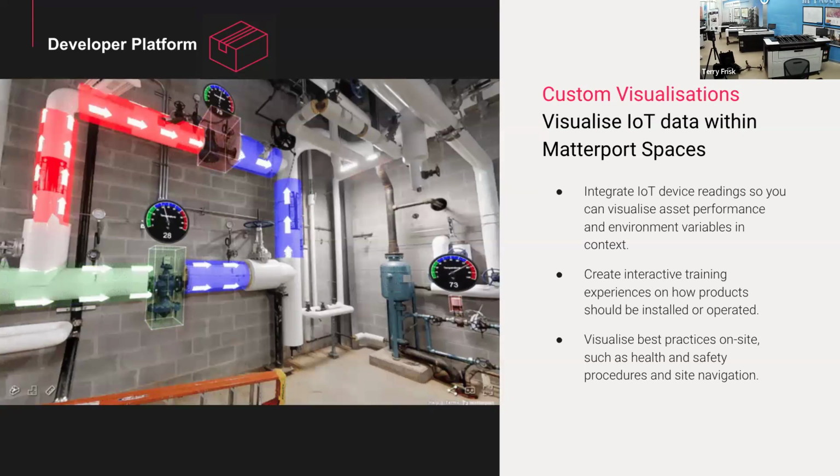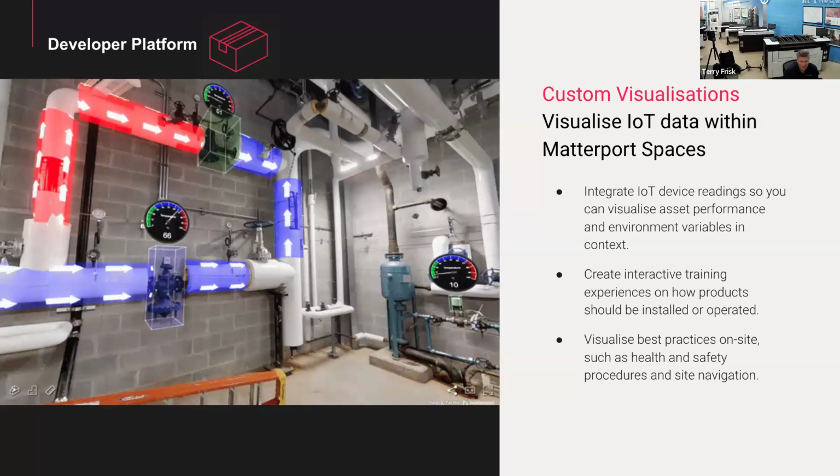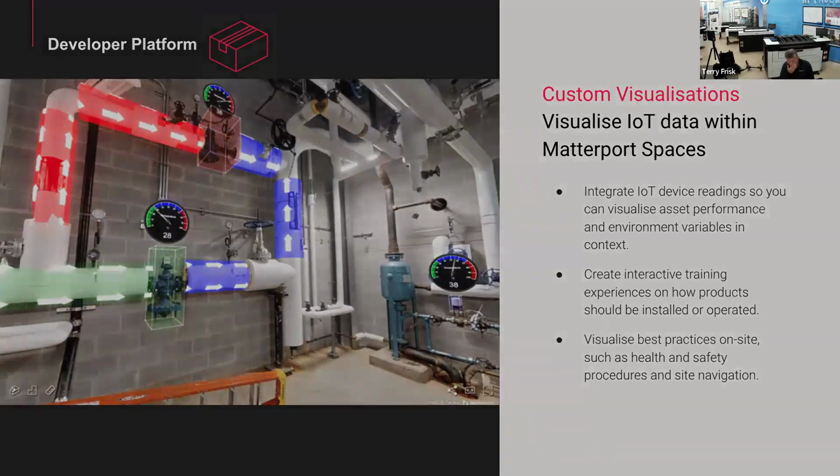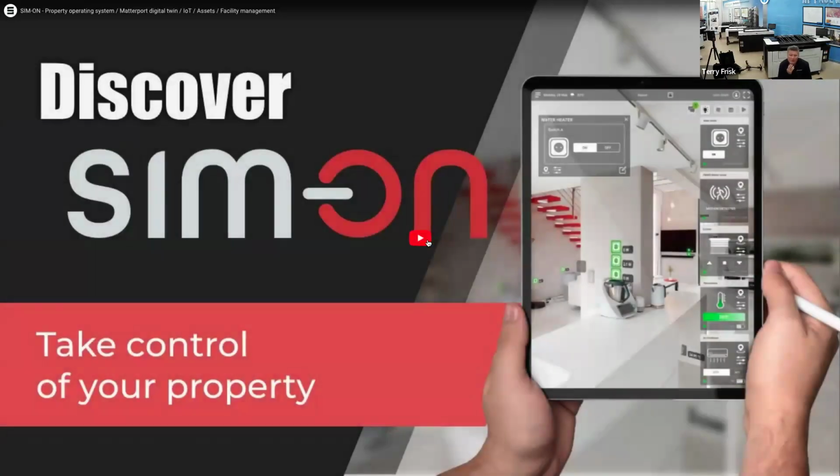How much consumption is being consumed? How much electricity is consumed in this particular room? All of that, with the help of IoT devices, is now available to integrate into a digital twin. So you really can, from your office, control the entire space with the help of those IoT devices. We're going to see now an example of this solution with a platform partner called SimLab. So I'm going to play the video, and you're going to be able to see what they can do.